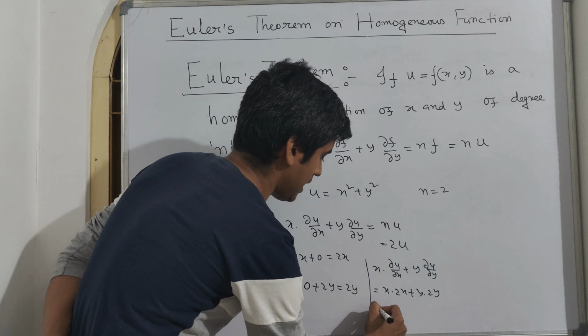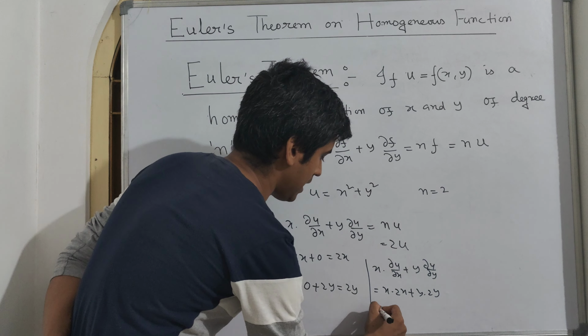Now the second problem. Here the given function is u equals x square minus y square divided by xy. If we take common x square from the numerator, it will be x square into 1 minus y square by x square, and if we take common x square from the denominator, it will be x square into y by x.